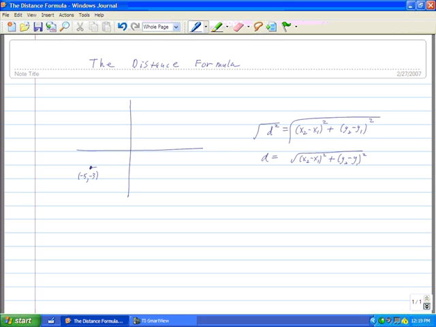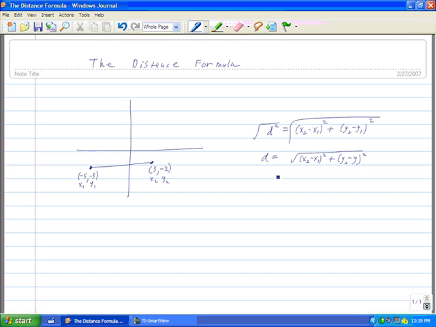And we'll find the distance between it and a point over here in the fourth quadrant, and we'll make that point 3, comma, -2. Now, I suggest that before you use the distance formula, you have the formula written in front of you, and you have your ordered pairs there in front of you, and it doesn't hurt to label them. So I'll call this x1, y1, x2, and y2.